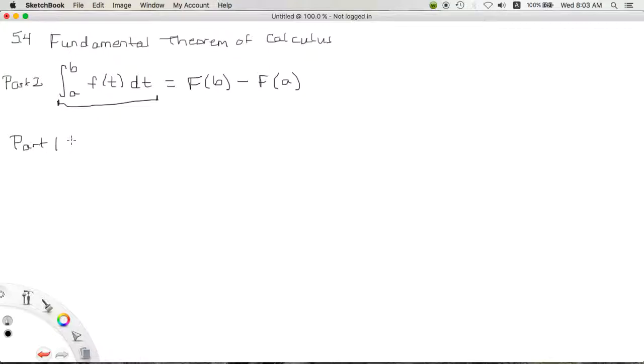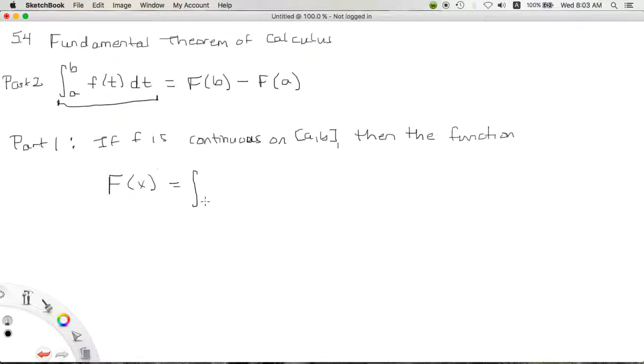Part 1 of the fundamental theorem says, if f is continuous on a closed interval from A to B, then the function capital F of x equals the definite integral from A to x of f at t dt.